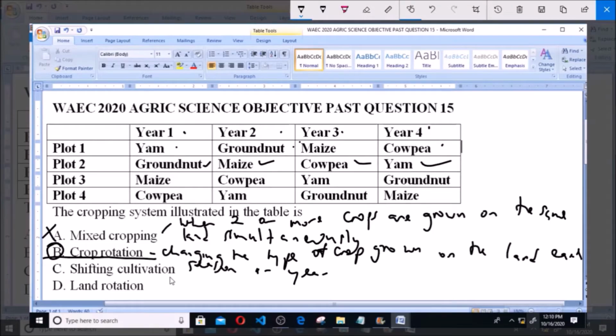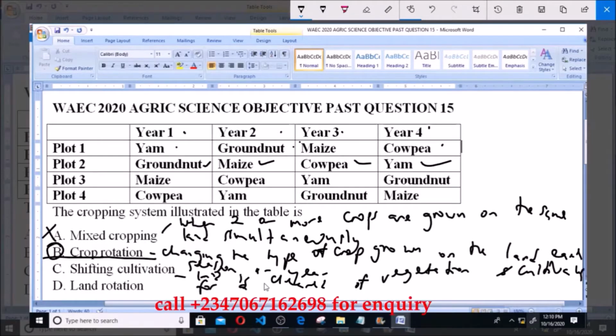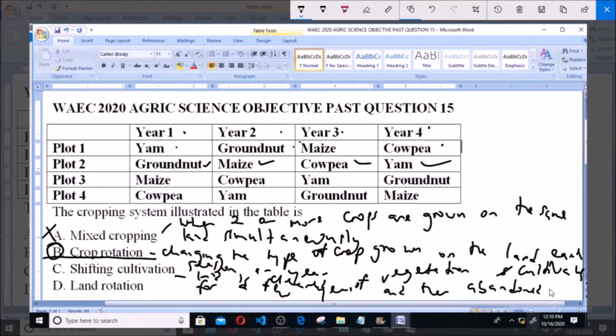Now, shifting cultivation is when a piece of land is cleared of vegetation and cultivated for a few years and then abandoned for a new area until the fertility of that particular land has been restored.